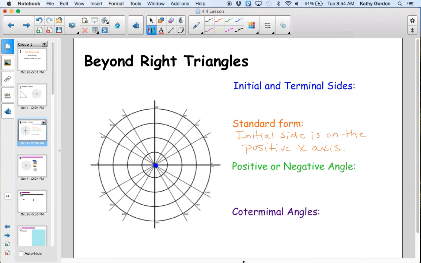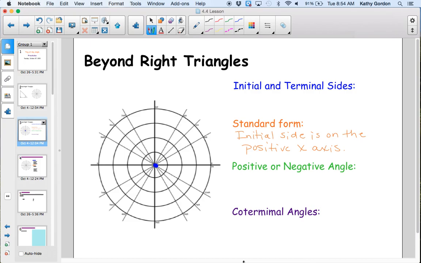We have this graph where we've got the circles, which indicates we're doing this rotation, but you also see these lines that kind of look like axes, right? And that's not a coincidence. We sort of put the two ideas together.